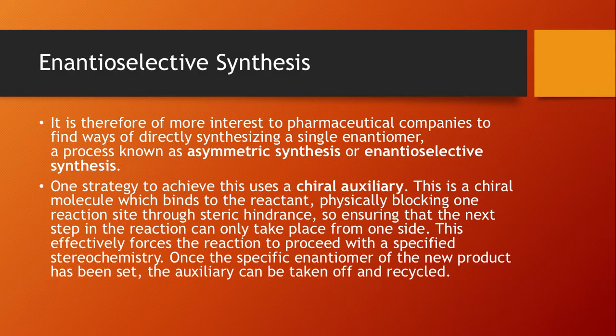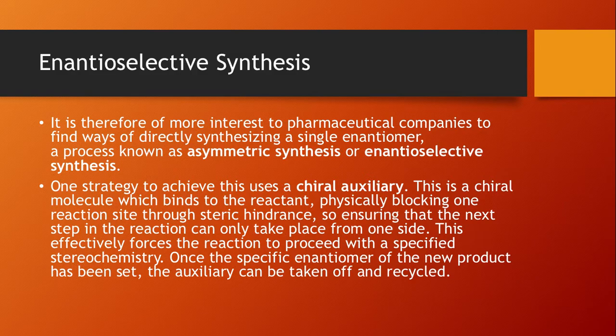So, during the synthesis of molecules using all of those organic reactions, sometimes when you perform a chemical reaction, you have two possible outcomes based on the chirality of the carbon centers.